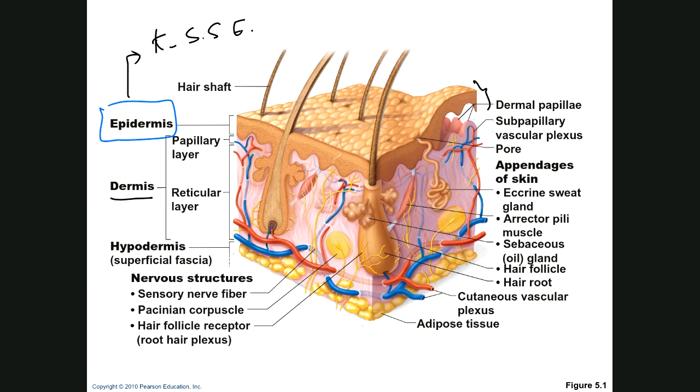So this entire layer down here will be the dermis, and we'll talk about the 2 layers of the dermis. Okay, and notice that most of the structures that we associate with skin, like sweat glands and hair and receptors, most of them are going to be found in the dermal layer.